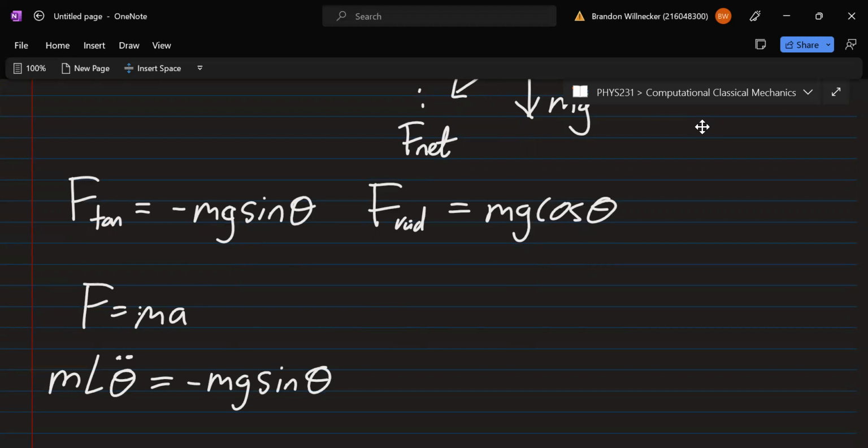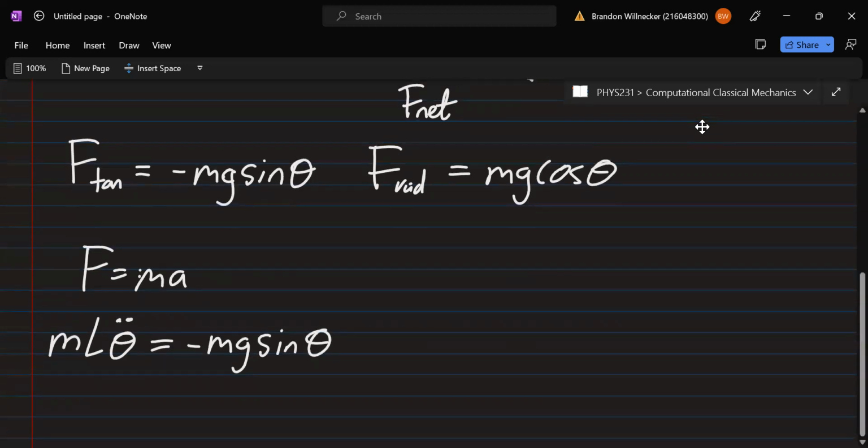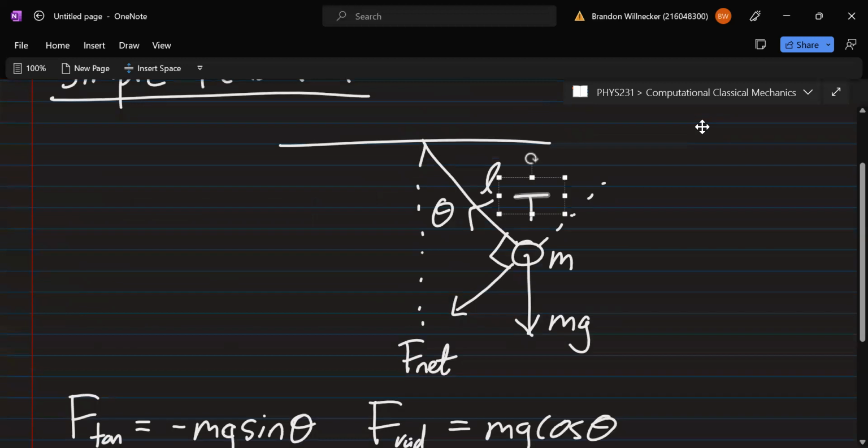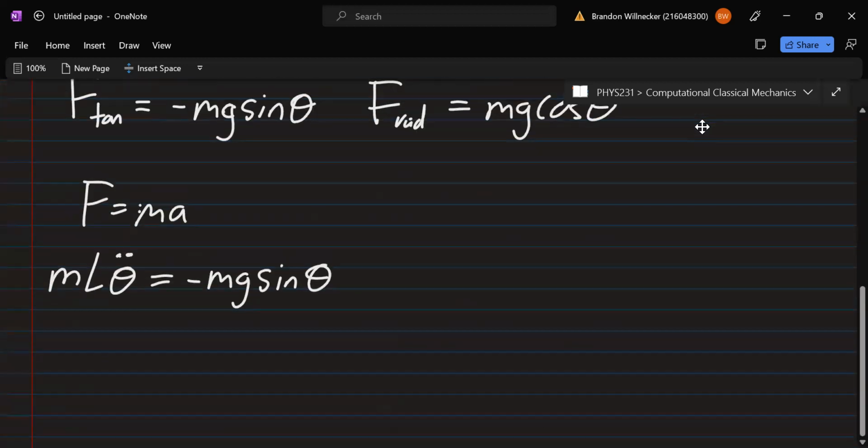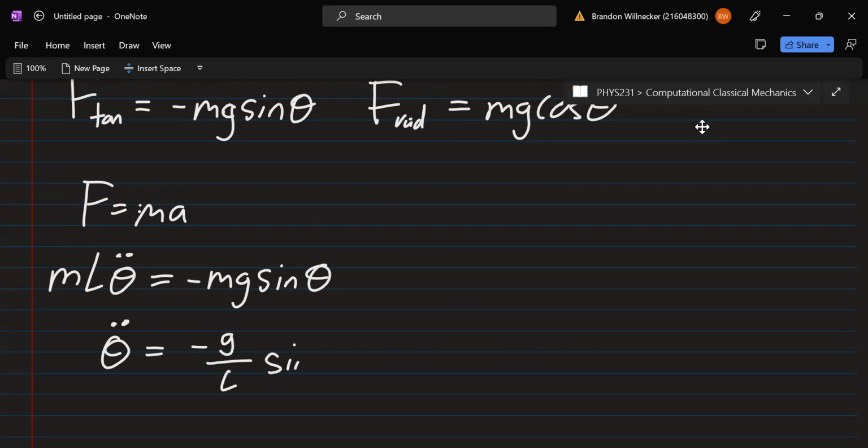Yeah, so we're working with this angle theta over here. Yeah, we can divide through by ml, and we arrive at theta double dot is going to be minus g over l sine theta. And just note that this is a second order non-linear differential equation.